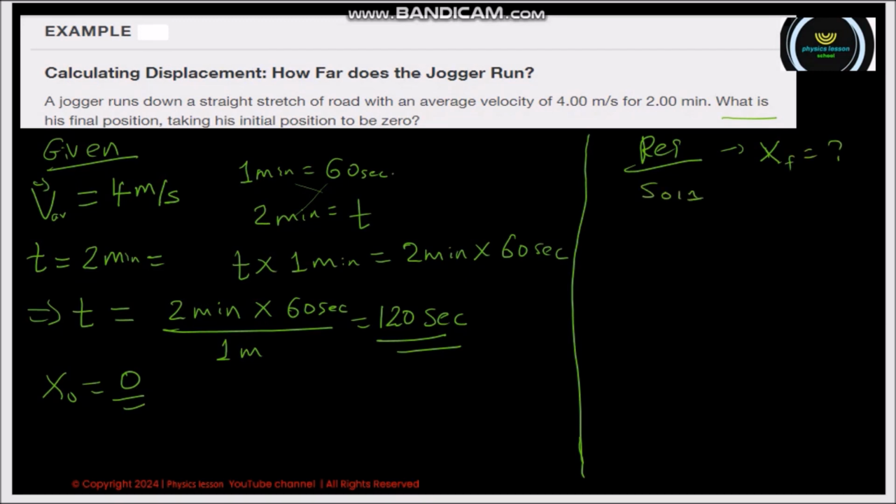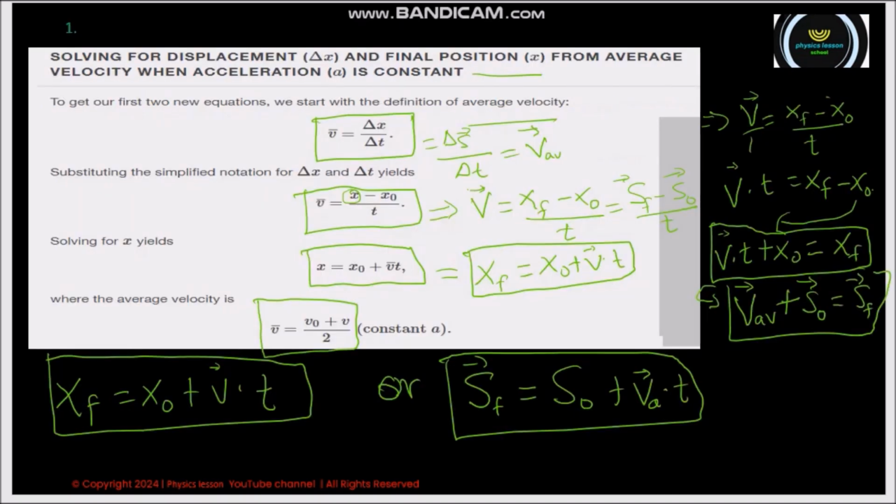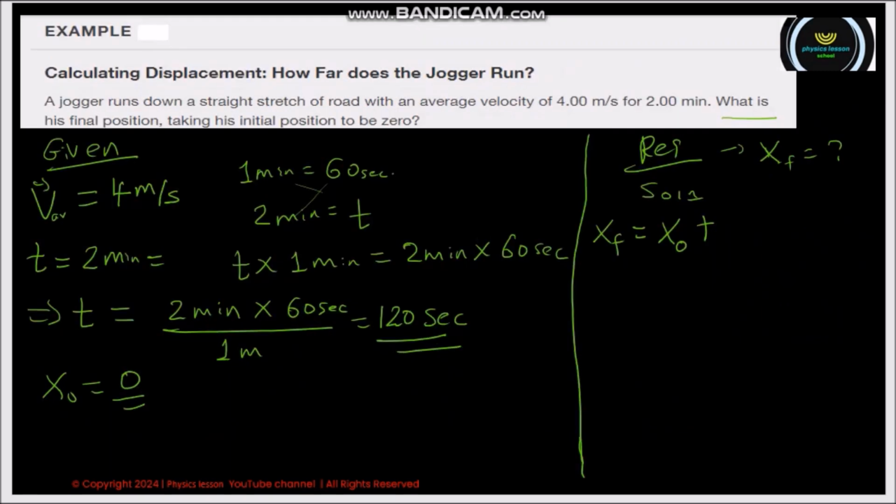Solution. The final position is calculated by x, the initial position, plus, look at this formula, the average velocity times time, don't forget.